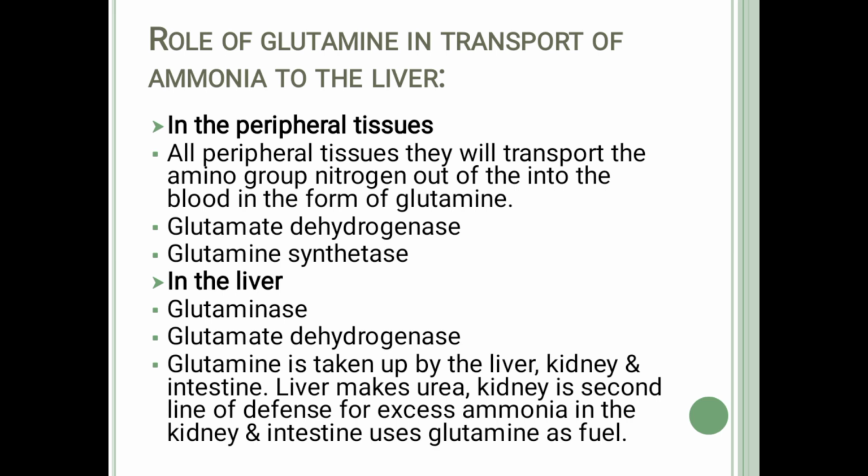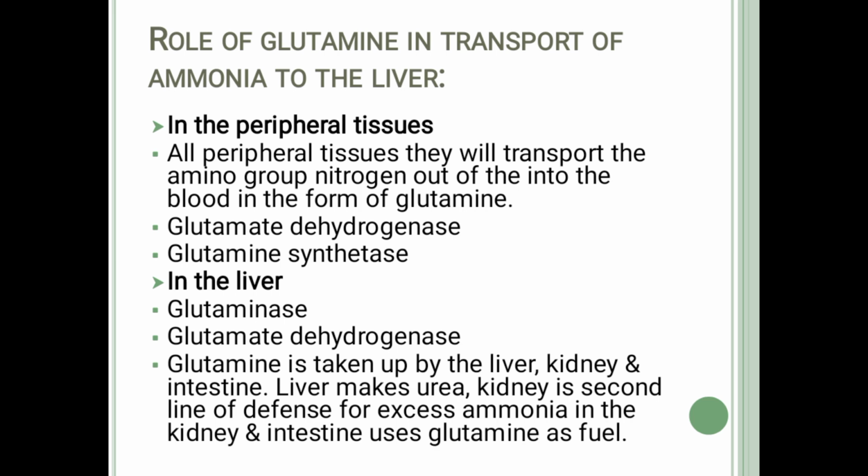Other than skeletal muscles, where alanine is the predominant amino acid getting out of the skeletal muscle to transport amino group nitrogen to the liver, even the skeletal muscle secretes glutamine as a transporter of amino group nitrogen to the liver, but the predominant one is alanine, whereas all other peripheral tissues transport the amino group nitrogen out of the tissue into the blood in the form of glutamine.